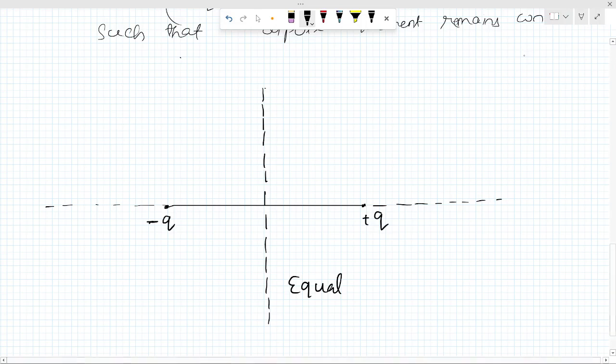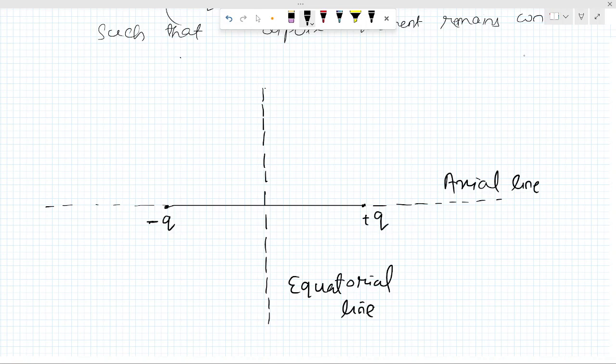Later we will have to find the electric field intensity due to dipole on the axial line and on the equatorial line, so you should remember what is meant by equatorial line and axial line. We also call the equatorial line the Gaussian line, just to remember these things.